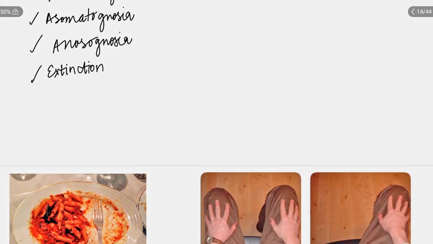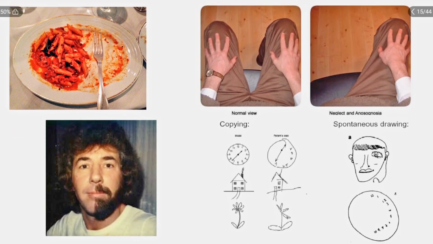Now I've brought a few pictures. In the first picture, we can see the patient has eaten his dinner from one half of the plate. In the second image, this is showing the phenomenon of asomatognosia, where a normal person can perceive his leg, but a patient with hemispatial neglect syndrome just doesn't think it's there.